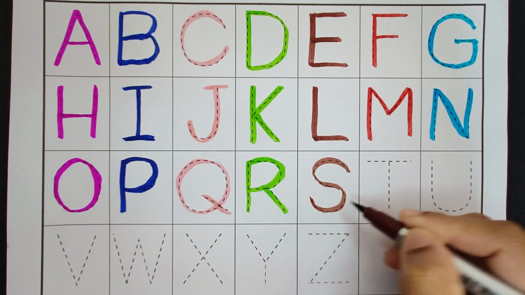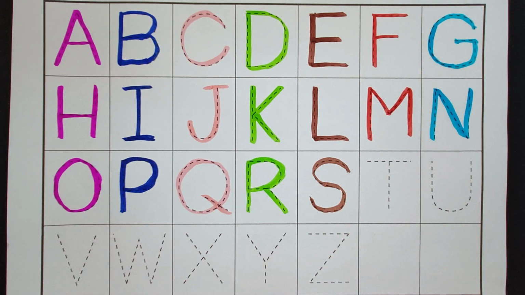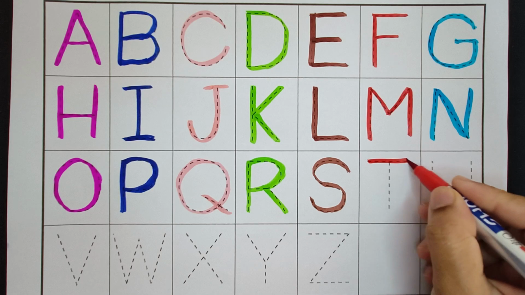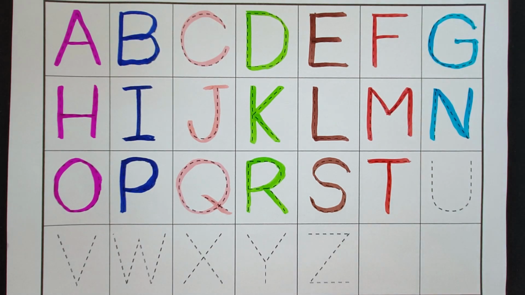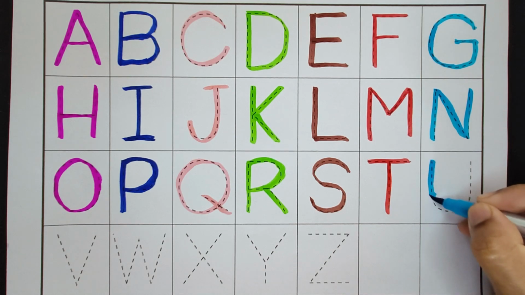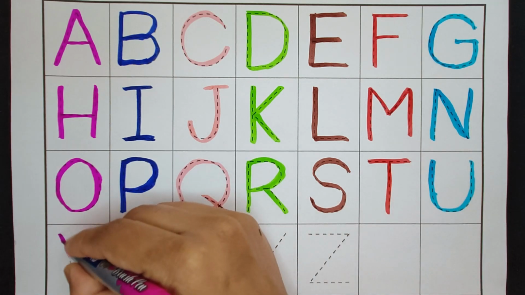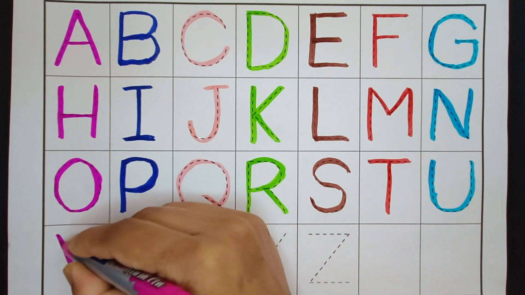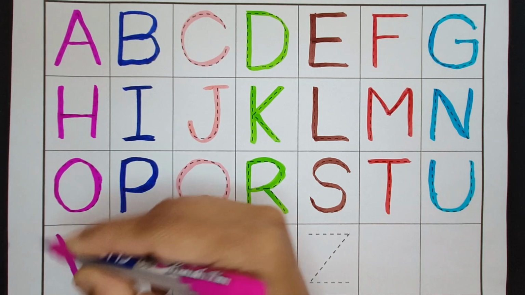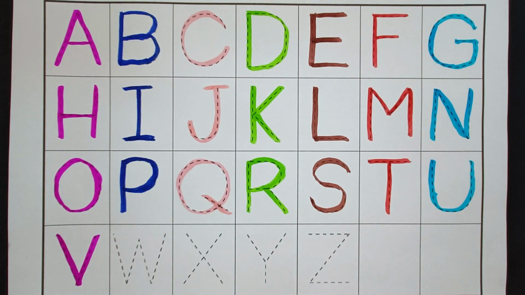S for star. T for tiger. U for umbrella. V for van.